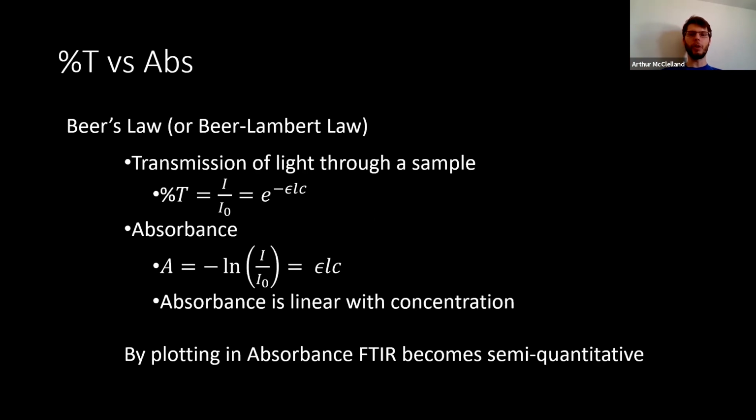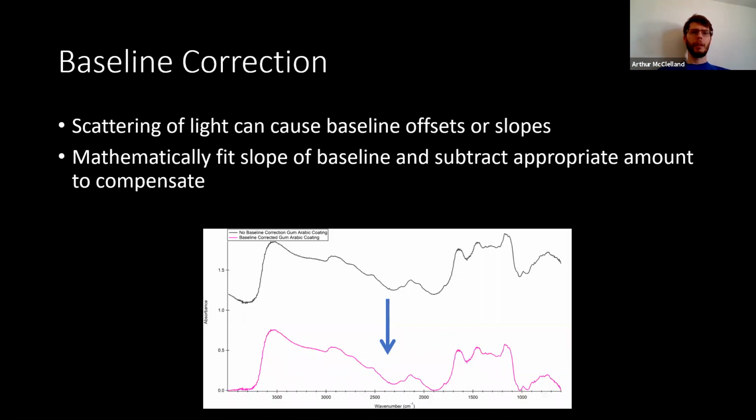So by plotting in absorbance, FTIR becomes semi-quantitative, whereas with Raman, it's really hard to do semi-quantitative Raman because there are so many variables that can play into the intensity of your spectra.